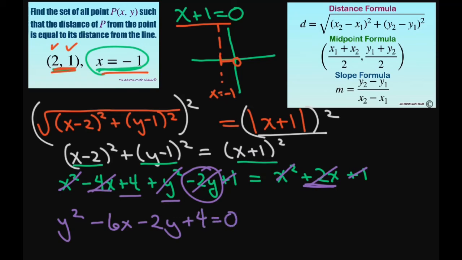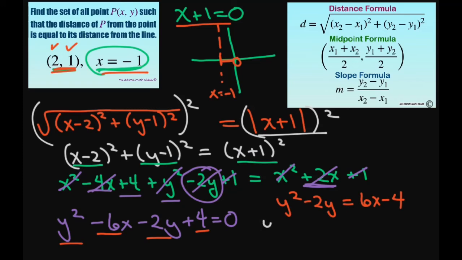Now we're going to go ahead and group our Y's together. So that's going to be Y squared minus 2Y equals, and let's put these two terms on the right hand side, so that's 6X minus 4. All right. For this piece, let's complete the square.